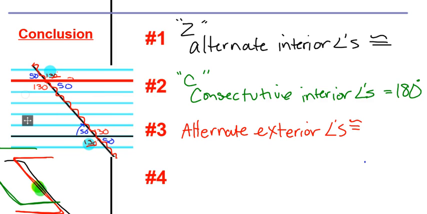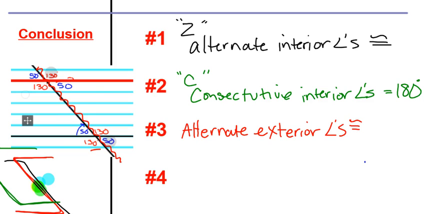Notice 130, 130. If you look at the other exterior angles, let me leave that there. Let me get the blue dots out of there. Look at the other exterior angles, the 130 and the 50, the ones on the same side of the transversal, those are no longer congruent to each other.